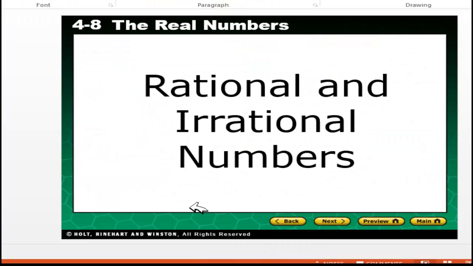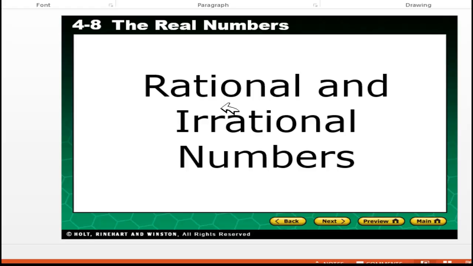We will talk quickly about rational and irrational numbers. Rational numbers, you already know. It is a fraction: any number you can write as a fraction where the denominator is not 0 is a rational number. And you have to know that any perfect cube or perfect square is a rational number.